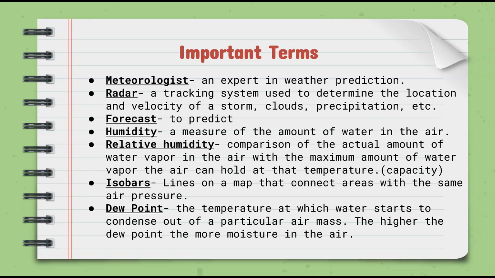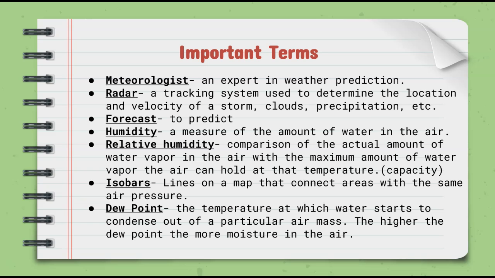The relative humidity is the comparison between how much water vapor is actually in the air, and they're comparing it to the amount of water vapor that air could hold at that specific temperature. So what is the maximum amount of water that air could hold at that temperature? And let's compare it to the amount of water vapor that is actually currently in the air.